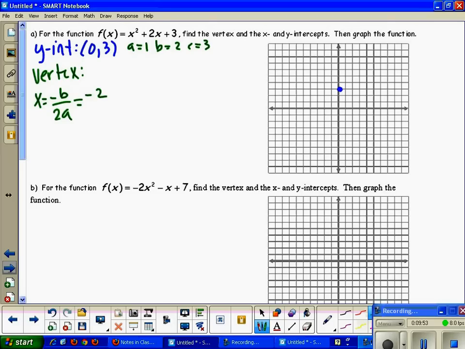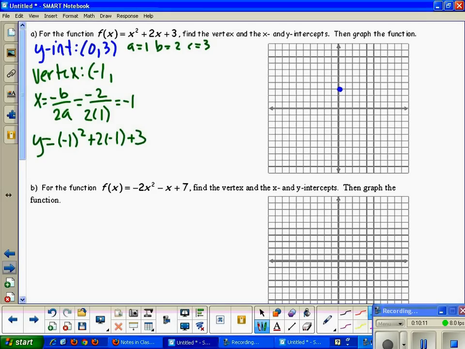So negative 2 over 2 times 1 would give me -1. So if I want to find the y-coordinate, I take that and I plug it into my equation. So y equals -1 squared plus 2 times -1 plus 3. And then when I solve, I end up with a y-coordinate equal to 2. So my vertex is -1, 2.